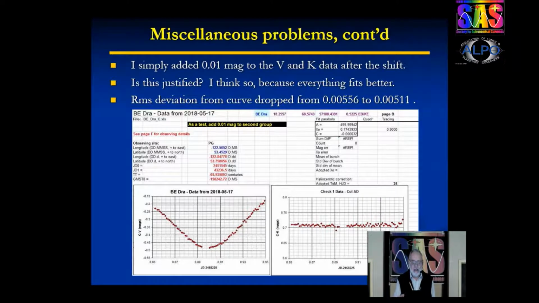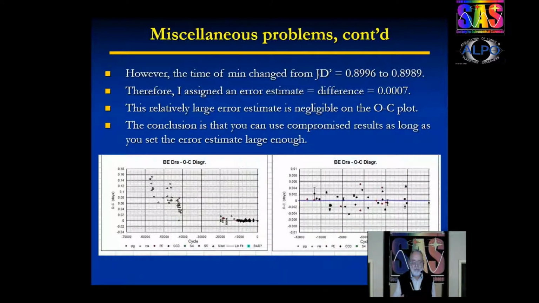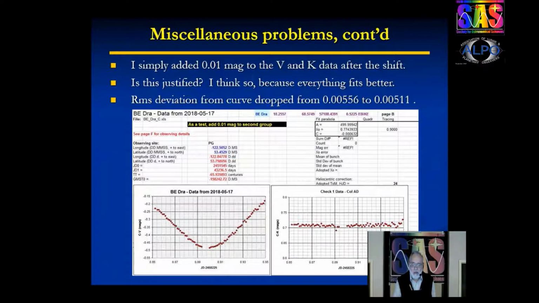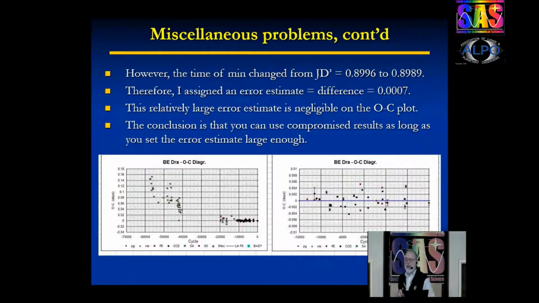But see, here's the deal. If you look at the times of minima, oh, right, there we go. Where have we got it? Oh, yeah. The times of minima that I calculate from the two different methods are shifted by 0.0007 days.